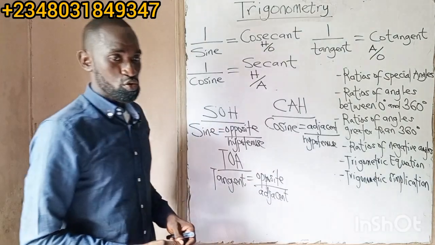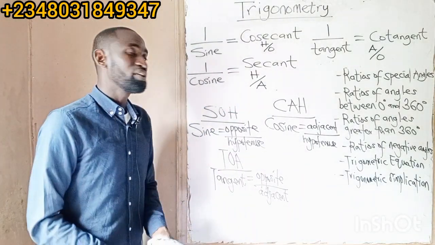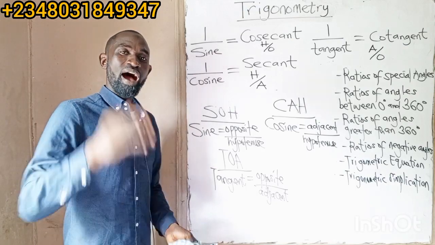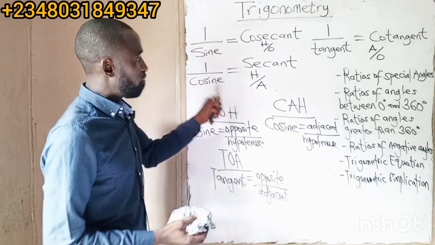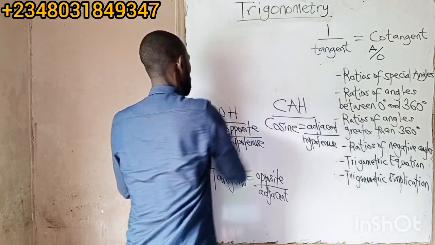So these are the ratios that we have under trigonometry. Let me give you the abbreviated format of all these ratios. So let us go, class.